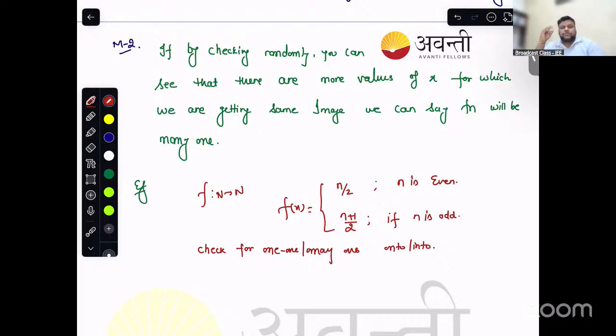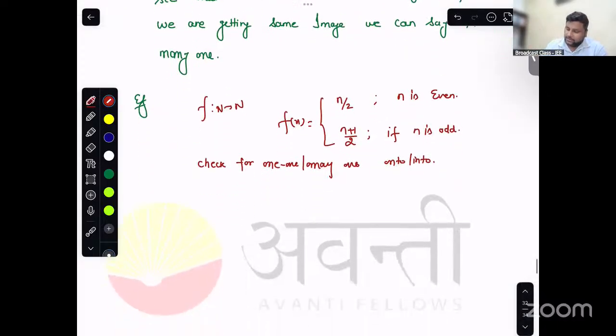Now see, let us start judging the values. This is the function f(n).